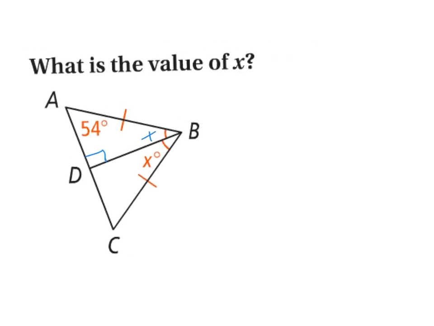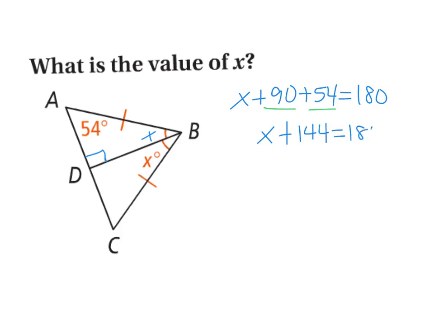So we have x plus 90 plus 54 equals 180. Combine your like terms. x plus 144 equals 180. Subtract 144 from both sides. And you get x equals 36 degrees.